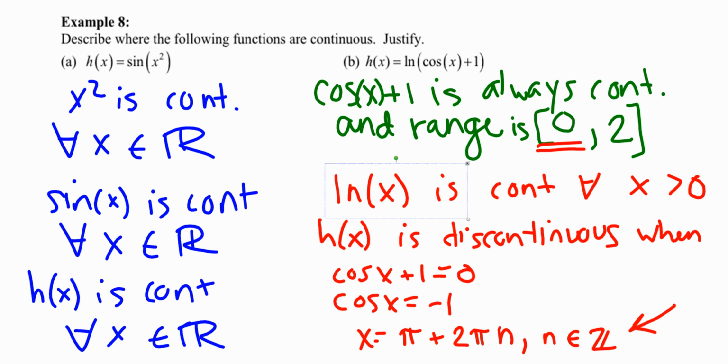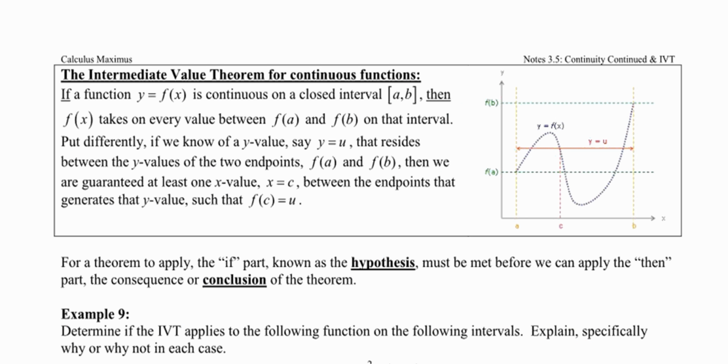I just want to briefly introduce the intermediate value theorem, the IVT. It basically is saying if we start at this y value and we end up at this y value, if the function's continuous, it has to cross every single y value in between those two.